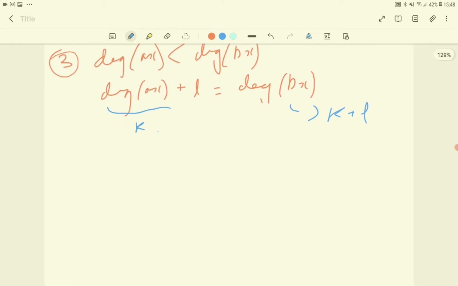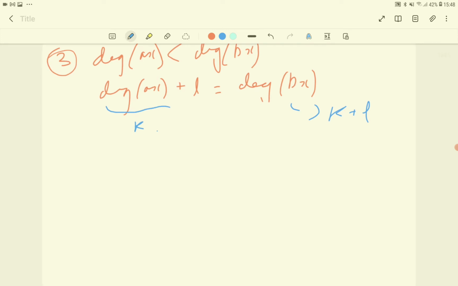So let's write the decomposition equation again.